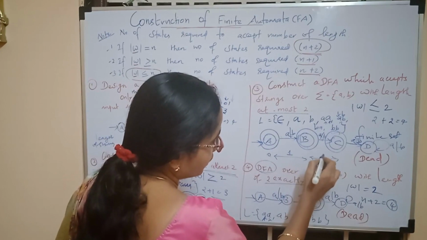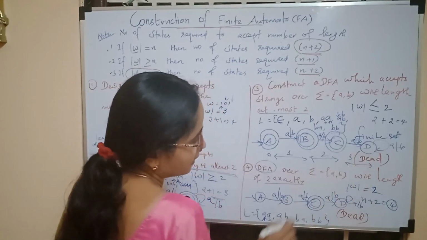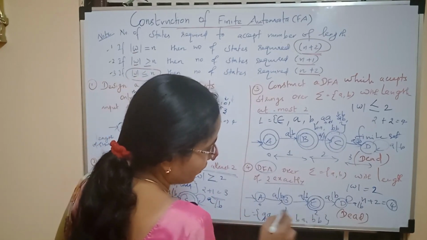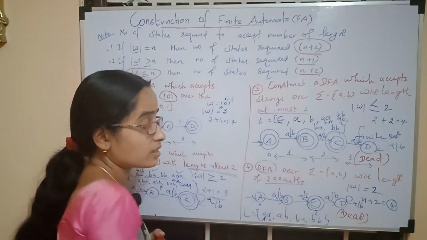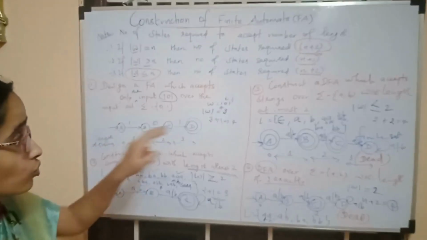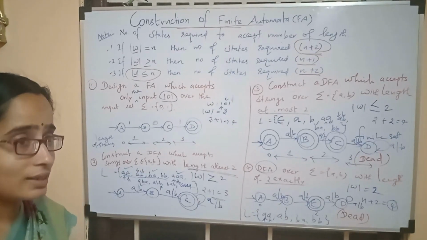What will be the length here? 2, at most 2. After 3 we are making it the dead state, but here, same thing, 0, 1, 2. When I am seeing 2, I will make this the final state. I hope you got some concept on this construction of DFA, that is finite automata.